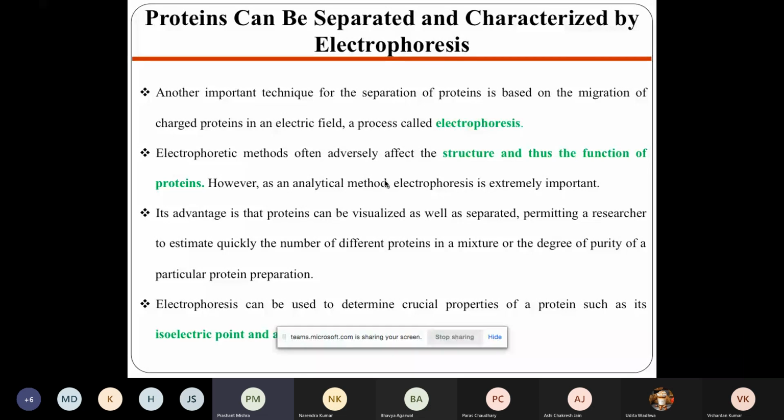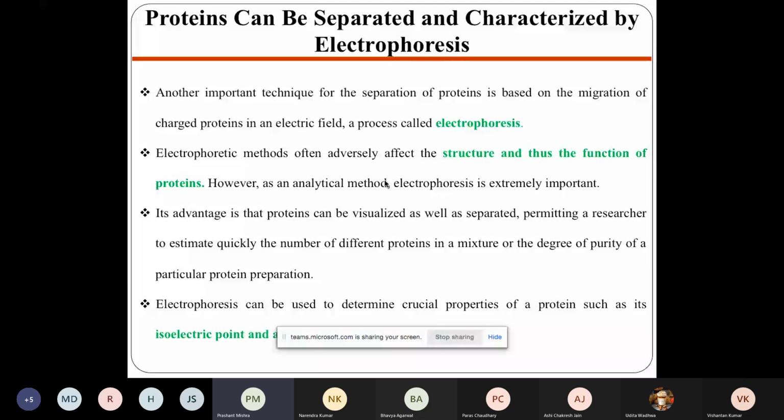Because you are passing an electrical current, it can affect the structure and the function of the protein, but it is a very strong analytical tool. That's why most of the time, whenever you are working with a protein, you will definitely use electrophoresis. In fact, in your experimental part, you will be doing this electrophoresis, where you will be able to separate proteins based on the electrophoretic technique.